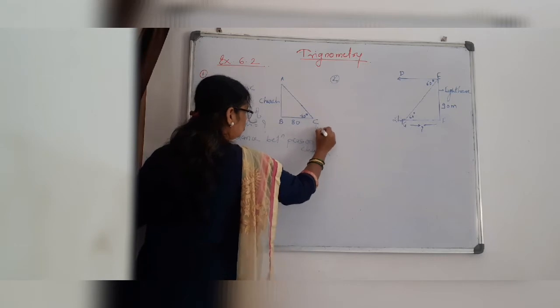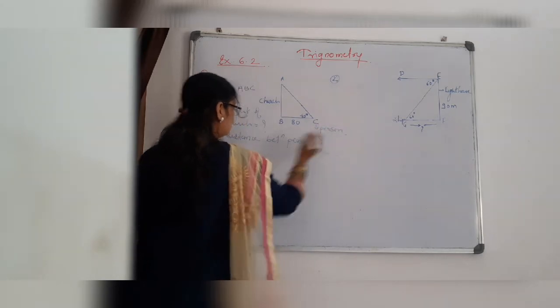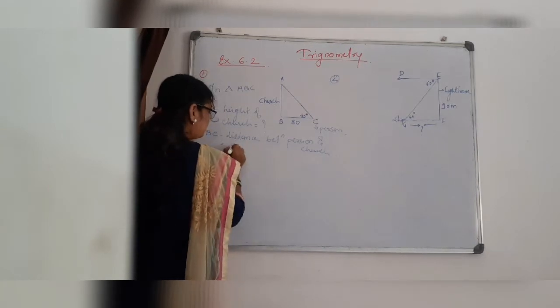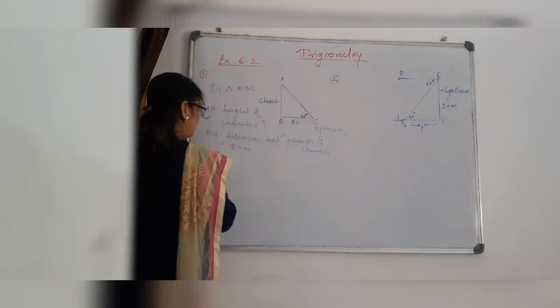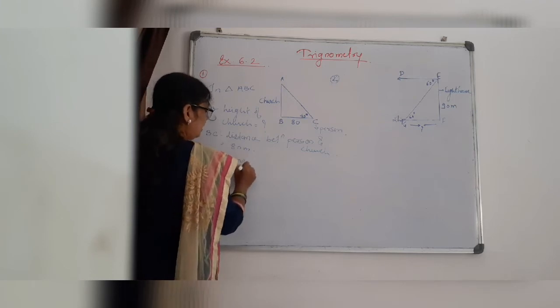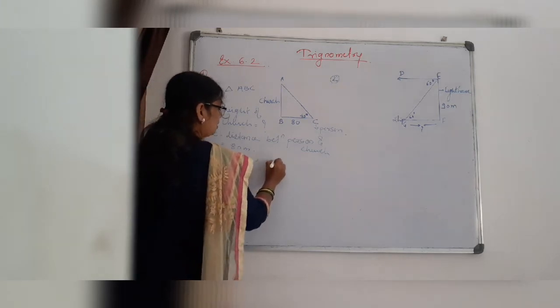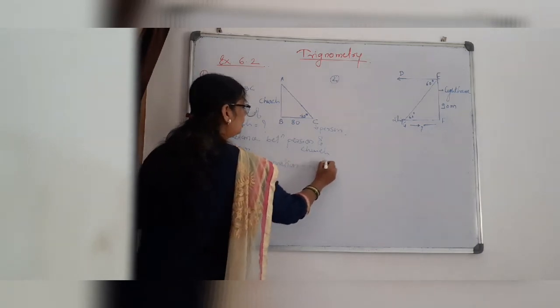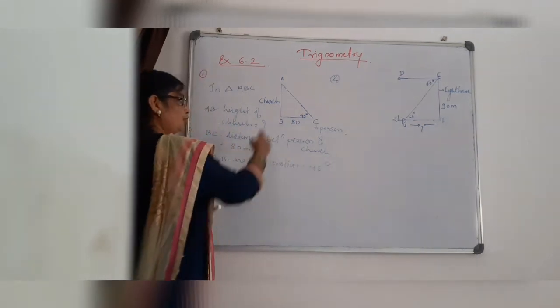C is the position of the person. The distance between them is given as 80 meters. And angle ACB, the angle of elevation, is 45.